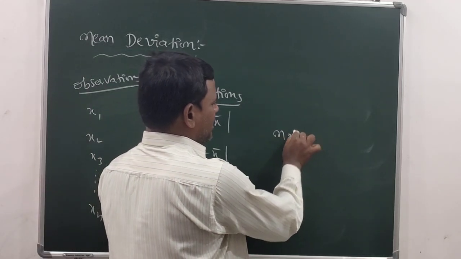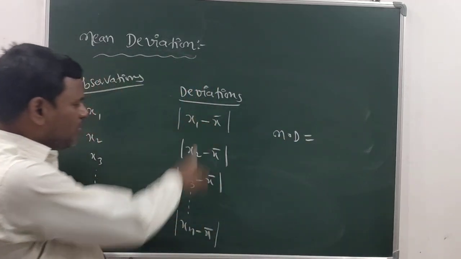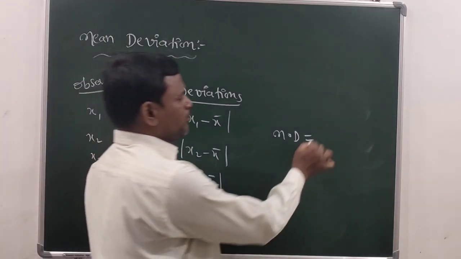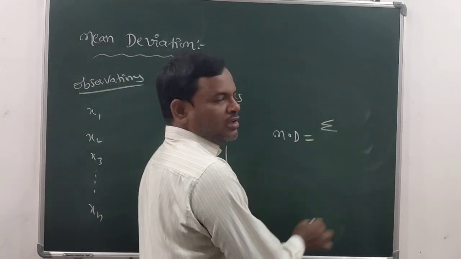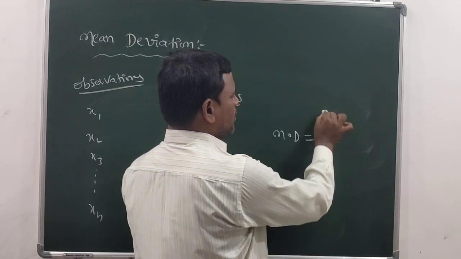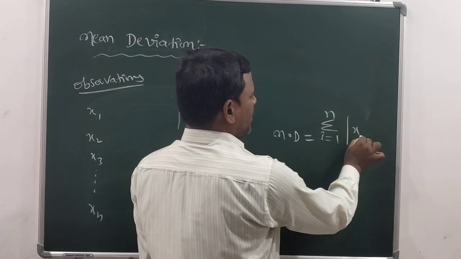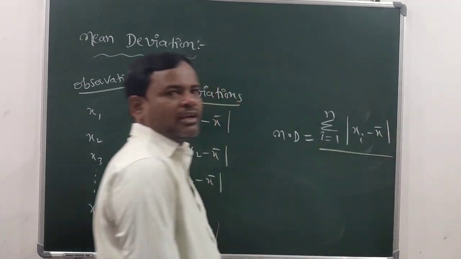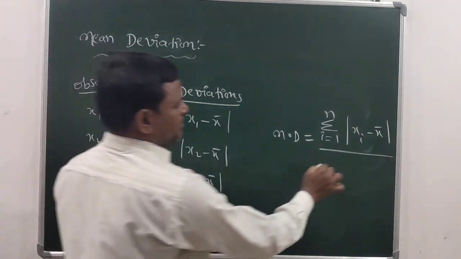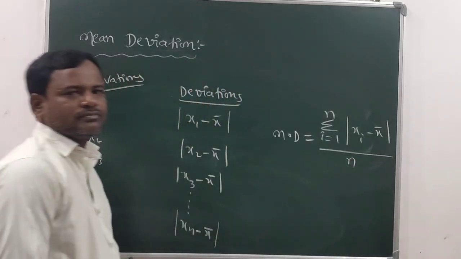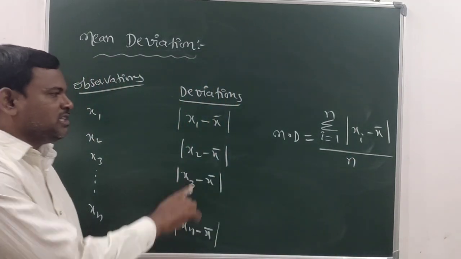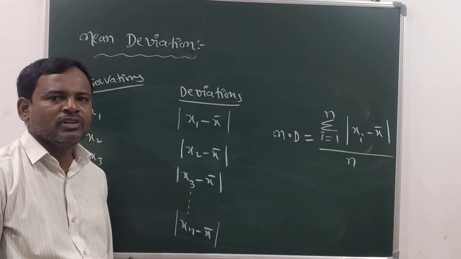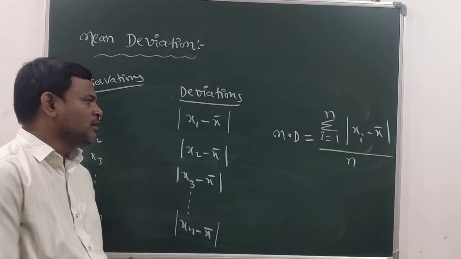Mean deviation is equal to the sum of all these deviations, put sigma symbol, i runs from 1 to n, mod of xi minus x bar, whole divided by n, the number of observations. So this is the mean deviation of ungrouped data measured about the mean.